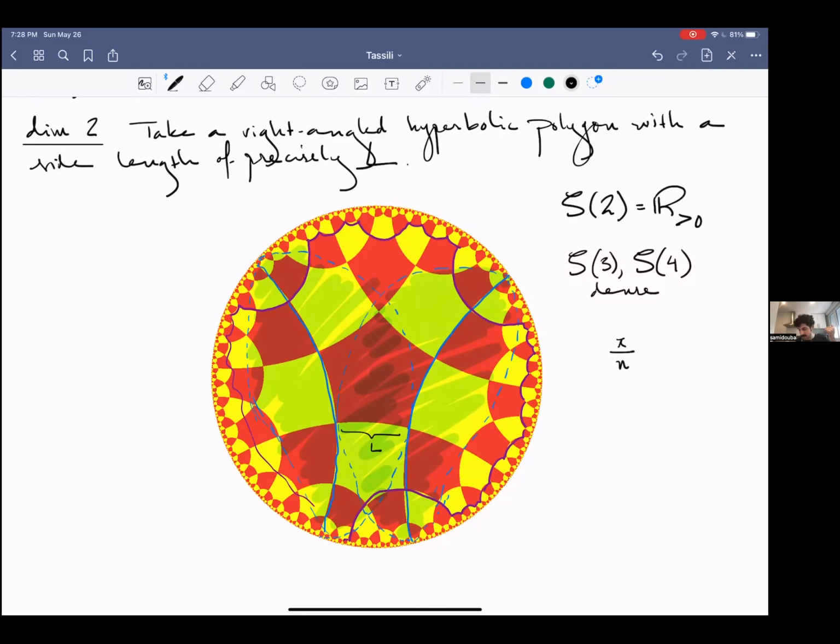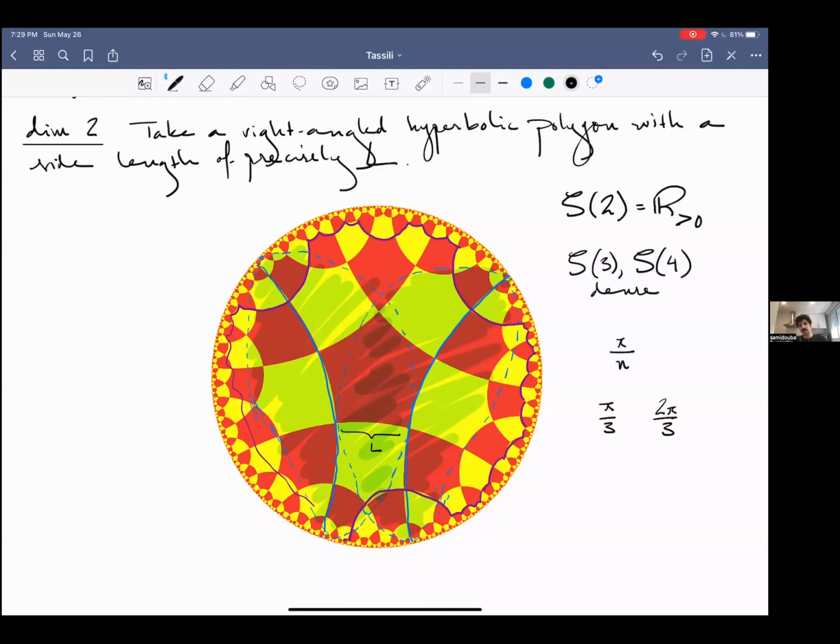For example, if you had a pi/3 angle and take a union of two polygons, you might get a 2pi/3 angle, and that's no longer an integer submultiple of pi. And then you know very little about the group generated by the reflections in the sides of this new polygon.